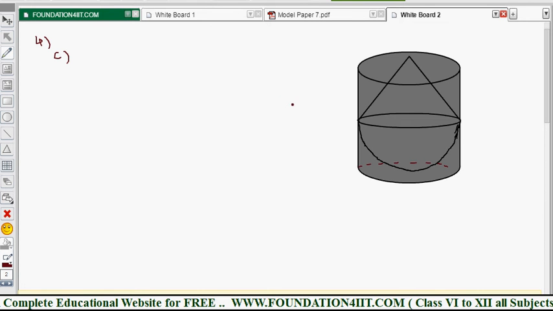Right. So here is the 120 centimeter height of the cone, and 60 centimeters. So let us take them separately. First write the cylinder data. As per the question, the cylinder radius is 60 centimeters and height is 180, because 120 plus 60.